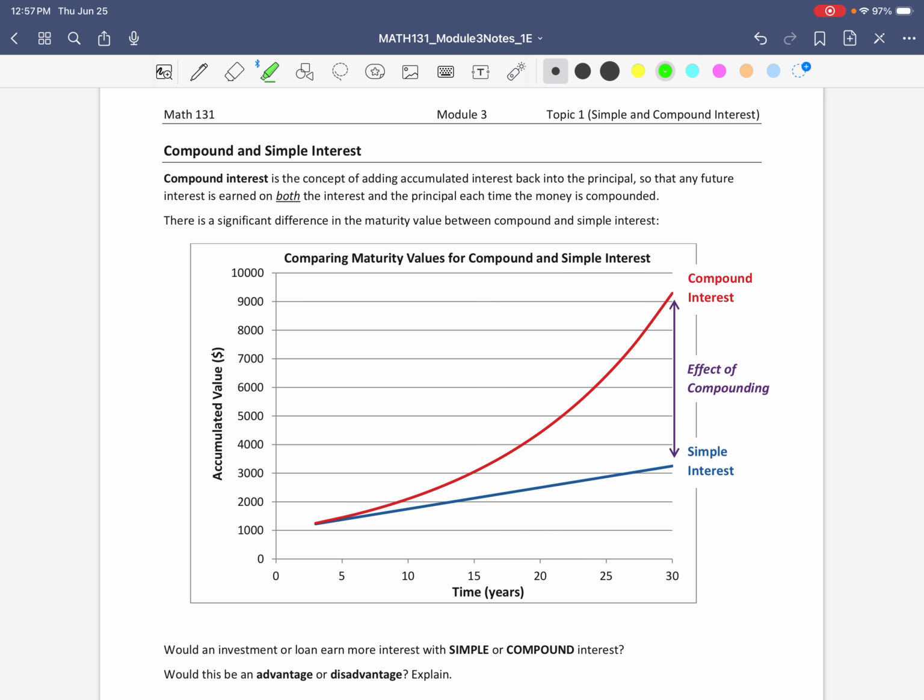Well, compound interest is the concept of adding accumulated interest back into the principal so that any future interest is earned on both the interest as well as the principal each time the money is compounded. So there's a significant difference in the maturity value between compound and simple interest. So this diagram is really great at showing that.